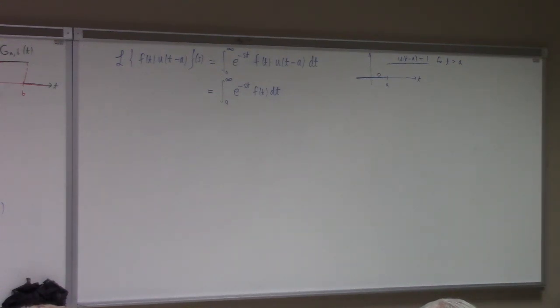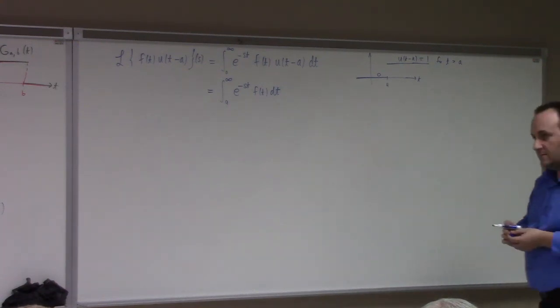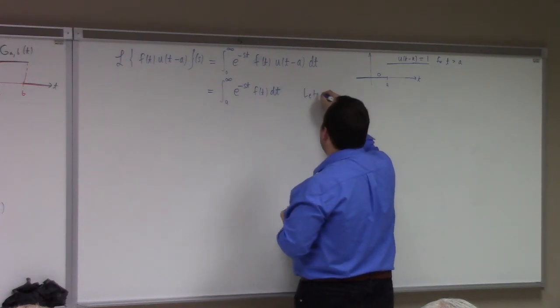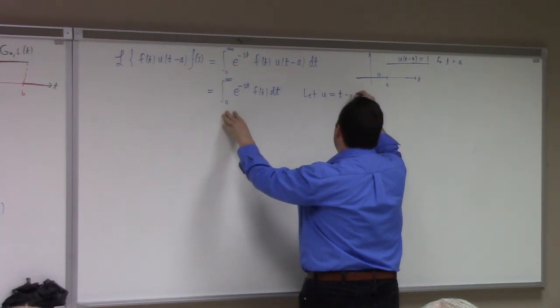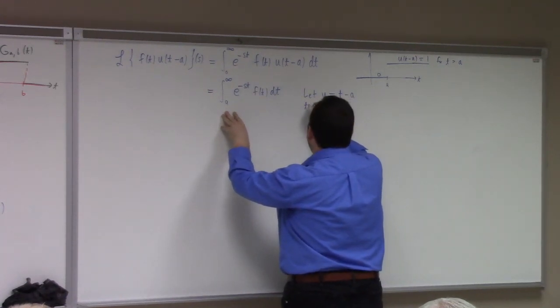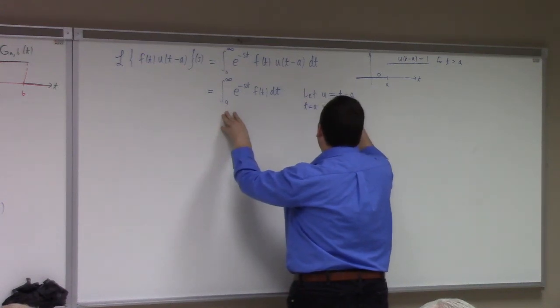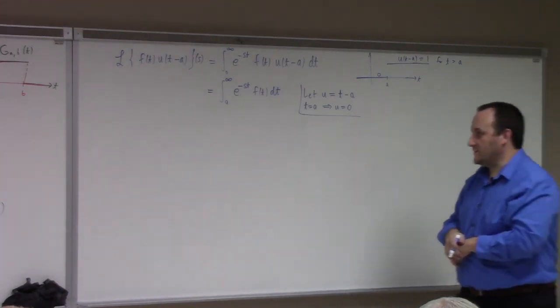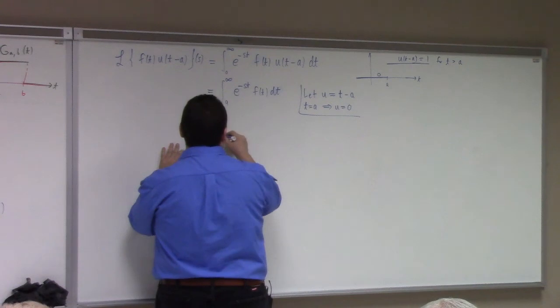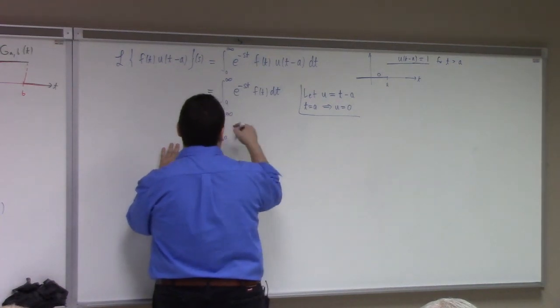Everybody follow? Now, at this point, it's not a Laplace transform, right? Because the lower bound is from a, it's not from 0. To make this into a Laplace transform, I need to make a change of variables that changes that a to 0. So let's say u equal to t minus a, right? So when t is equal to a, that will imply that u is equal to 0, right? So we make that substitution, and that will change the bounds to 0 to infinity.